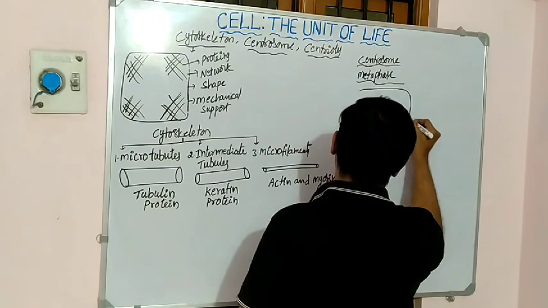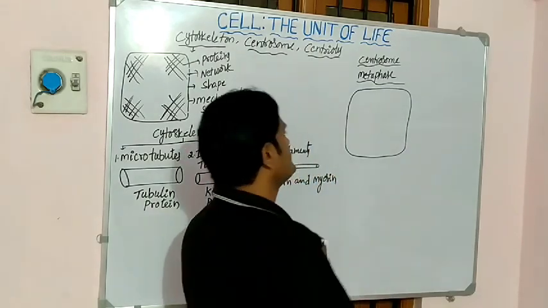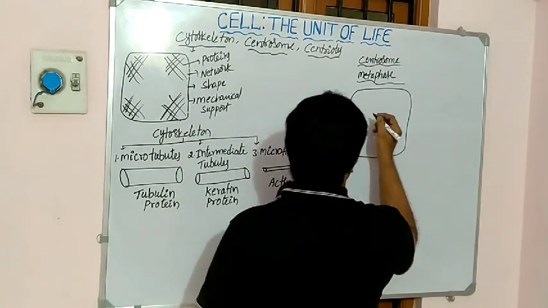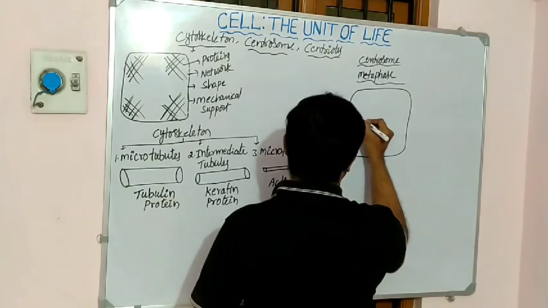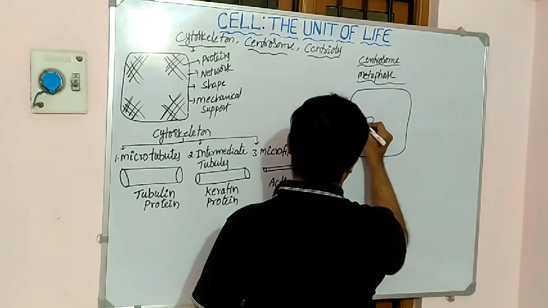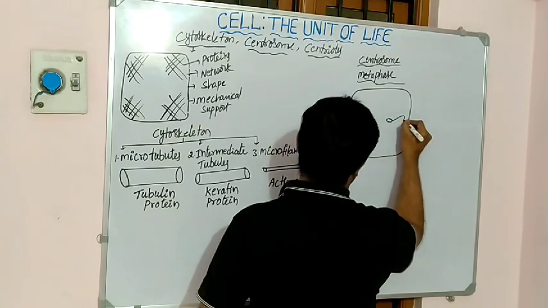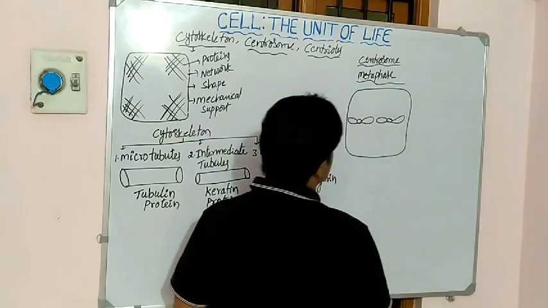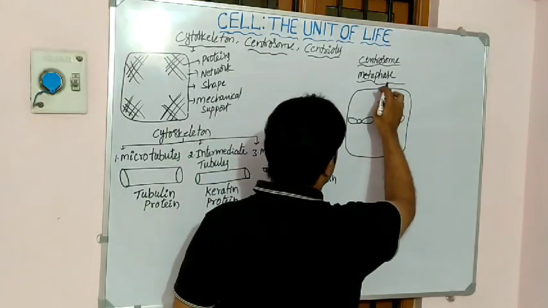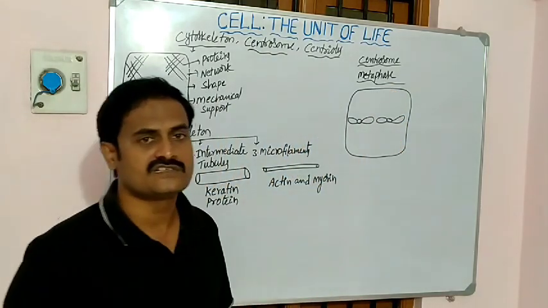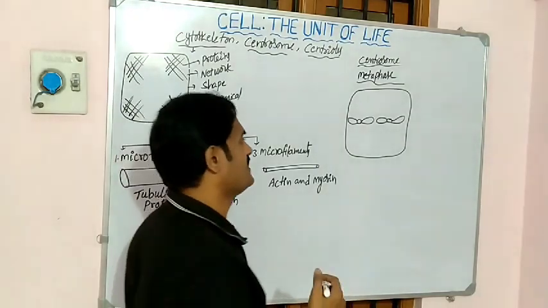See, for suppose this is one cell. So in the cell we will notice the metaphase here. Metaphase means the chromosomes reach the center of the cell like this, and at both sides of the poles, the cell consists of some important cell organelle.